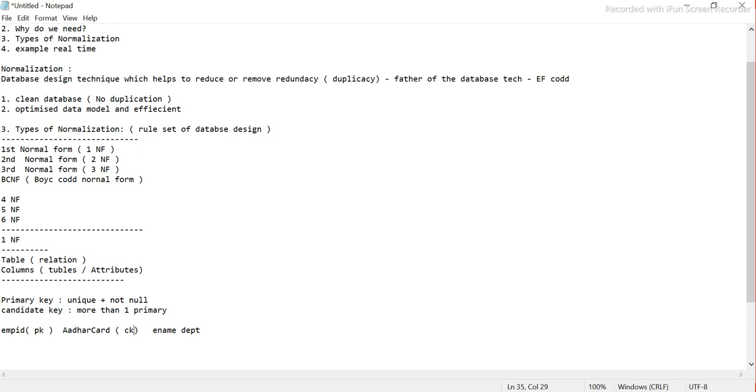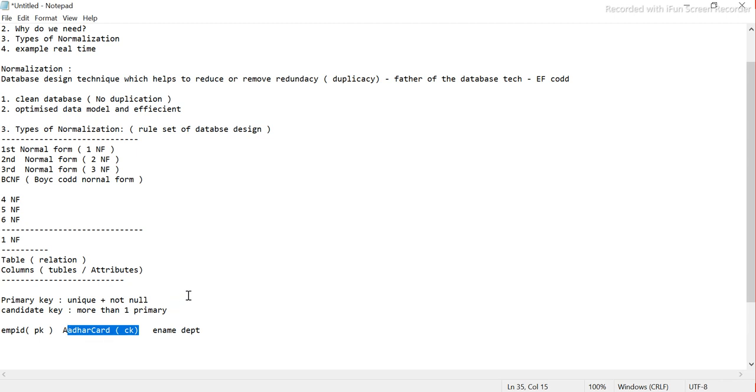Let's say this is the primary key, but essentially this is also a candidate for the primary key. So this is a candidate key, but it can also act as a primary key. I hope you are clear about the candidate key.